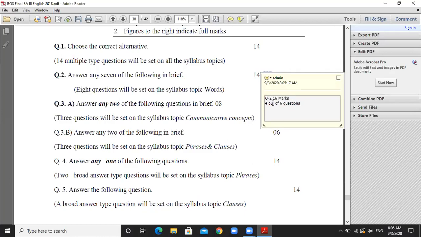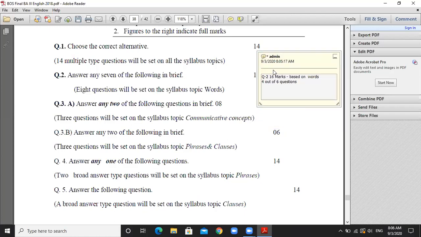So question number 2, based on words, 4 questions you are expected to answer. So 4 questions for 16 marks. Each question carries 4 marks. So this is about question number 2, based on words, 4 out of 6 you have to answer, right?